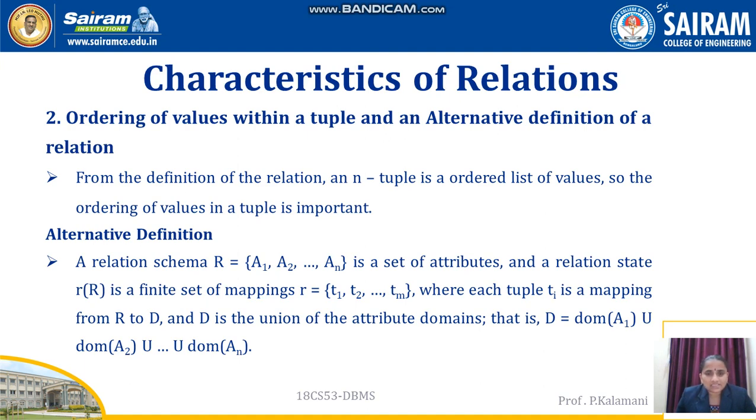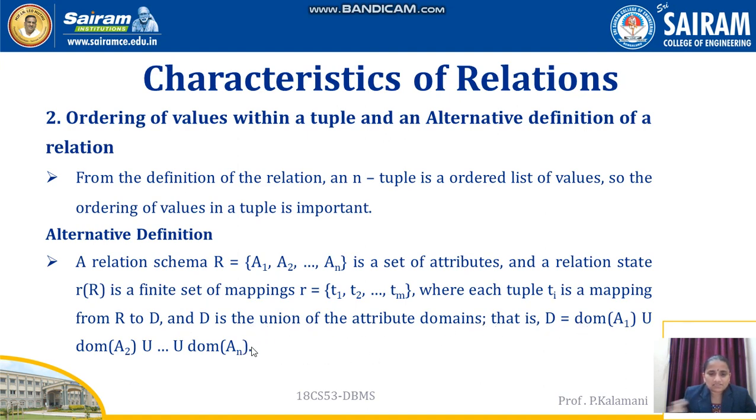Next, alternatively, we can define the relation R as a set of attributes A1, A2, etc. An, and a relation state r(R) is a finite set of mappings r equal to t1, t2, etc. tm. So t1 is the first tuple, t2 is the second tuple and so on. Each tuple t is a mapping from R to D, and D is the union of the attribute domains that we have already seen.